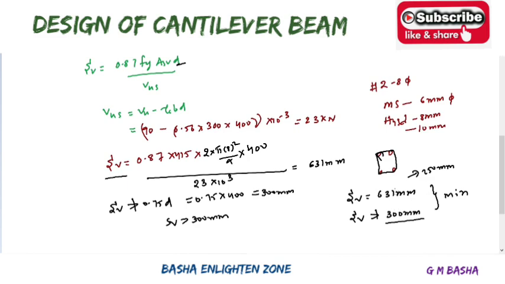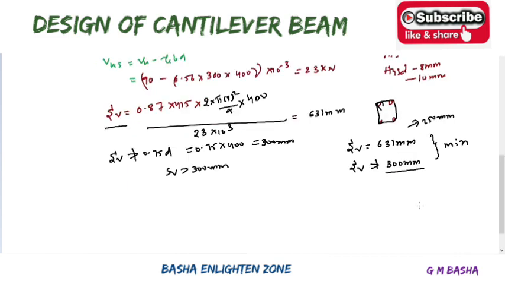But whenever it is greater than this formula, you can restrict the value to the condition, which is not greater than 300 mm. So write down the statement. Provide two-legged 8 mm stirrups at a spacing of 300 mm center to center.